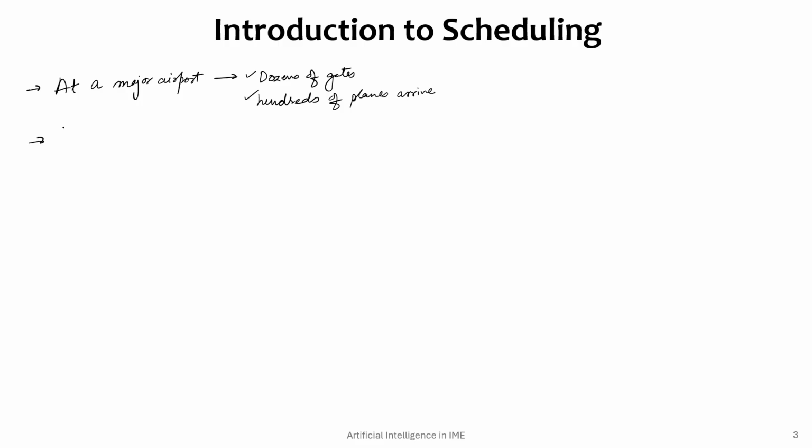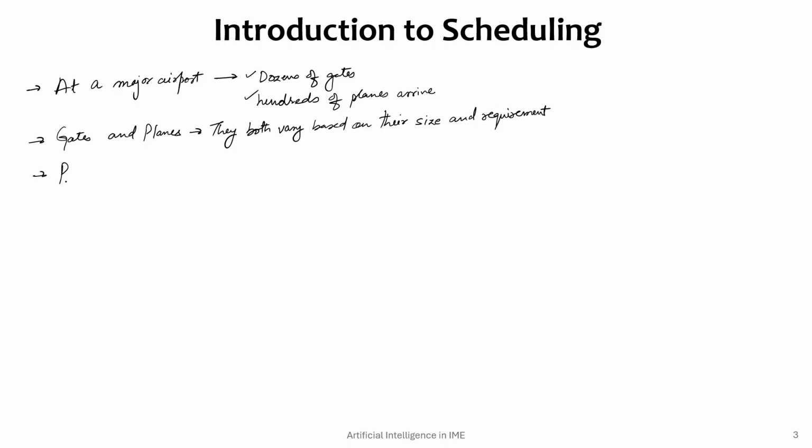So gates and planes both vary based on their size and requirement, right? So let's say an airline bought a very big plane and you need to land it in this major airport. So the gate where it needs to be landed should be such that it can accommodate that plane, right?